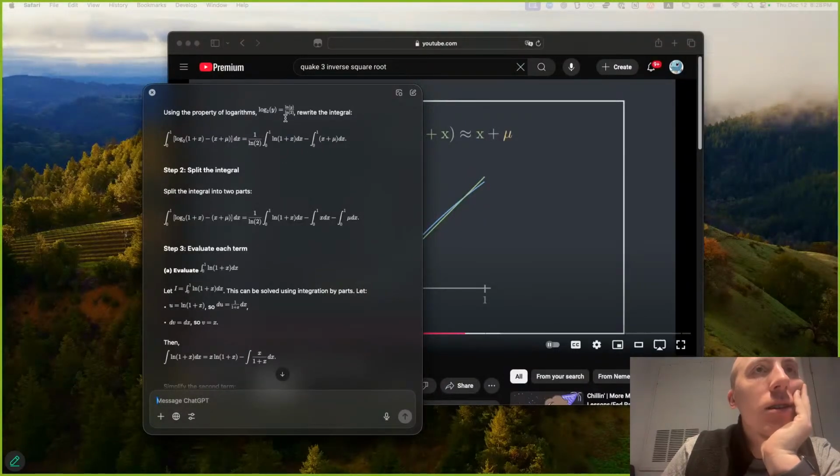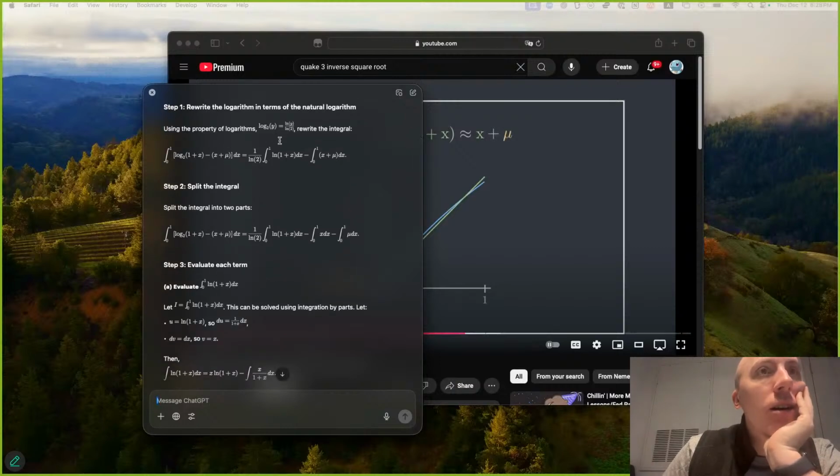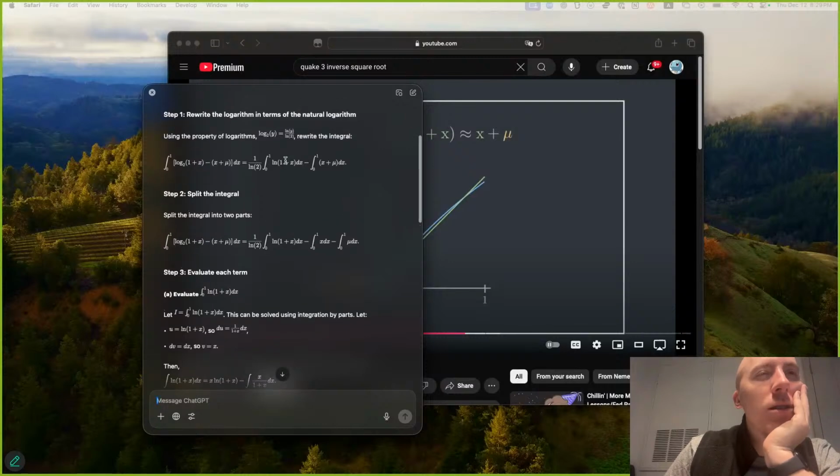It's been so long since I've seen this, I have no intuition for why this actually works. But it's saying, given that we can do that, that thing is equal to a natural log, and we just pull out the constant here. And we split it up into two integrals because an integral is a linear operator.